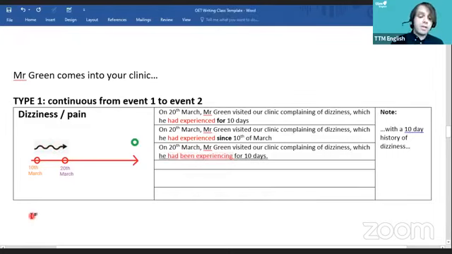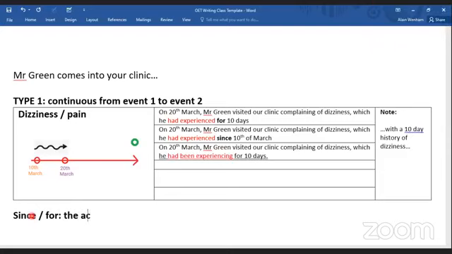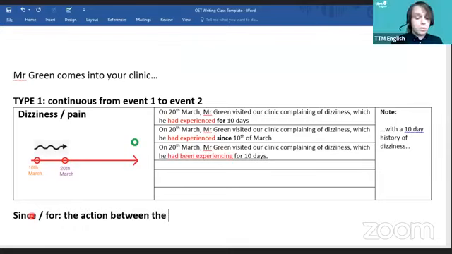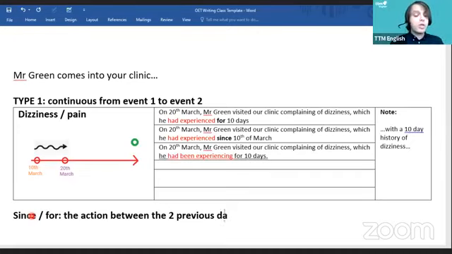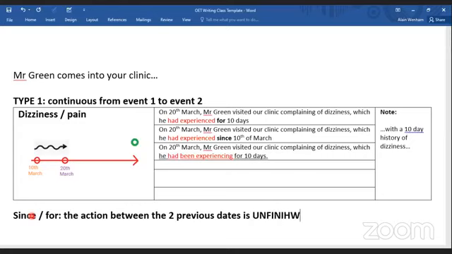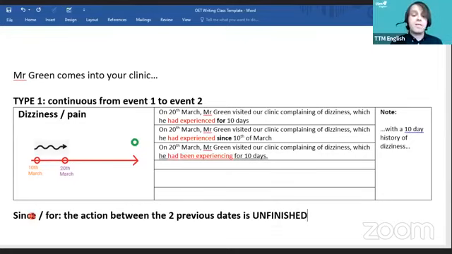No. Since and for in the past perfect tell us that the action is unfinished between the two previous dates. Does that make sense, guys? So what are the two previous dates here? 10 and 20. So we're not saying it's unfinished here. We're saying it's unfinished between these two dates.